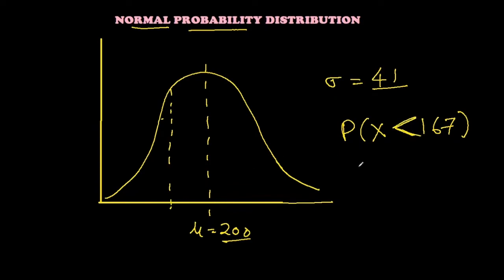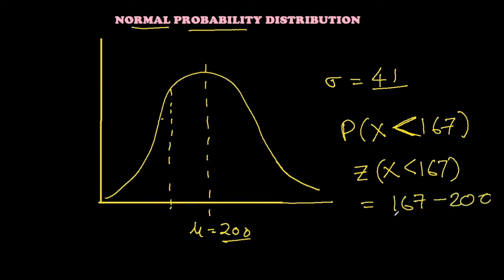Okay, so z for x less than 167 will be the data itself, 167 minus the mean, over the standard deviation 41, and it comes out to be negative 0.805 almost.